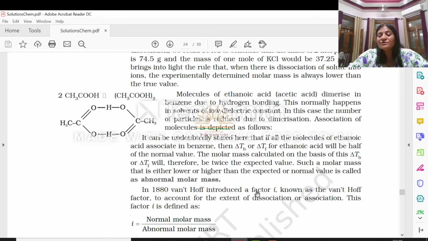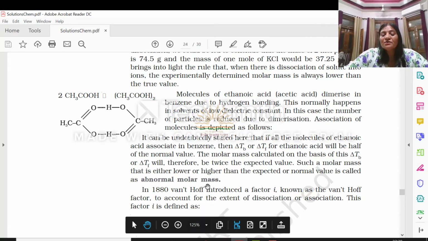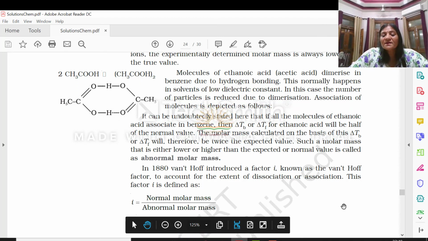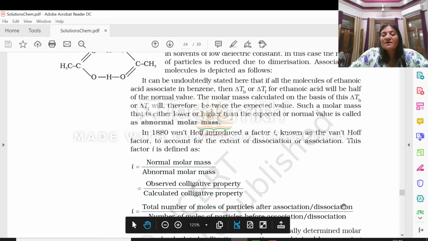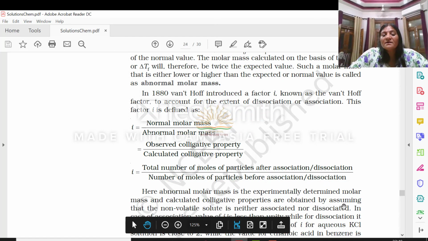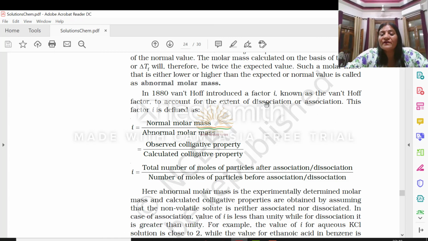Van 't Hoff introduced a factor i, known as the van 't Hoff factor, to account for the extent of dissociation or association in the solution. The extent of association or dissociation can be calculated in terms of the van 't Hoff factor i. i is equal to normal molar mass upon abnormal molar mass.